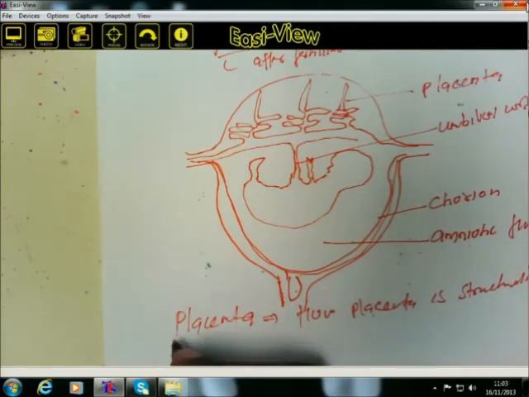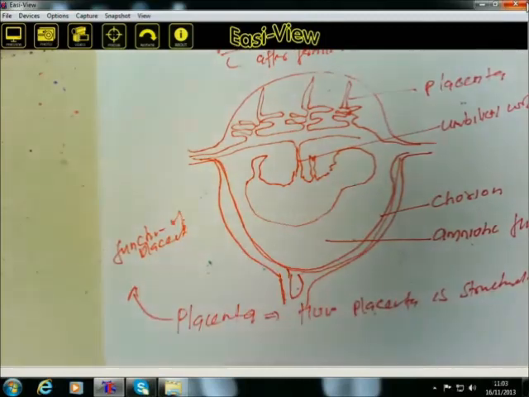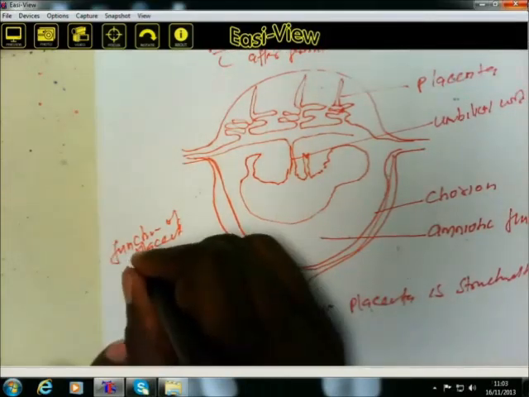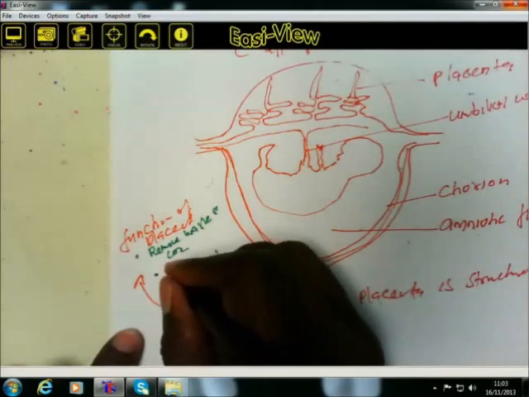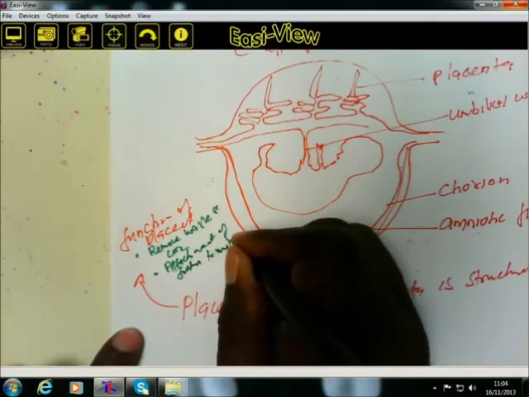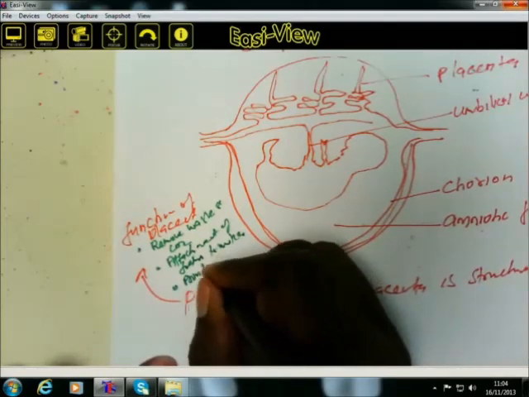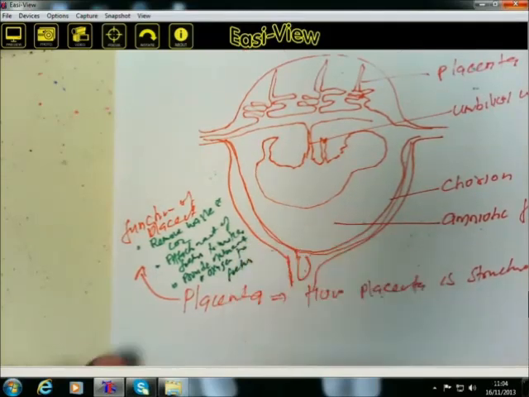Firstly we have to identify the functions of the placenta. 1, it removes waste and carbon dioxide from the fetus to the mother. 2, attachment of the fetus to the mother. 3, it provides nutrients and oxygen to the fetus. Those are the 3 main functions.